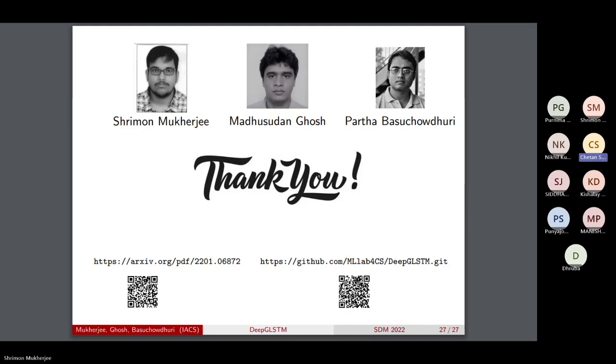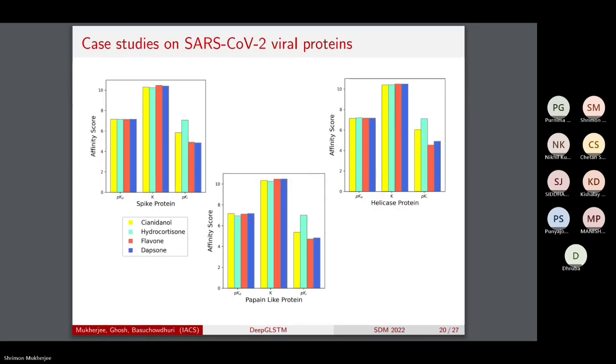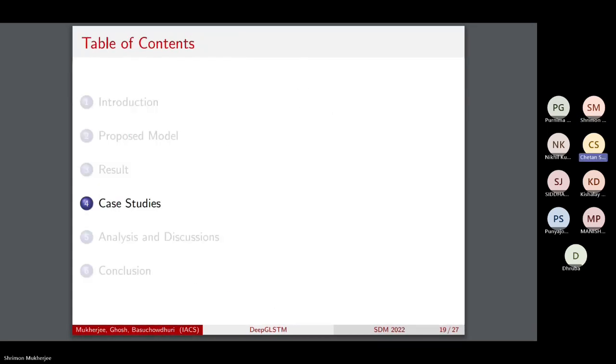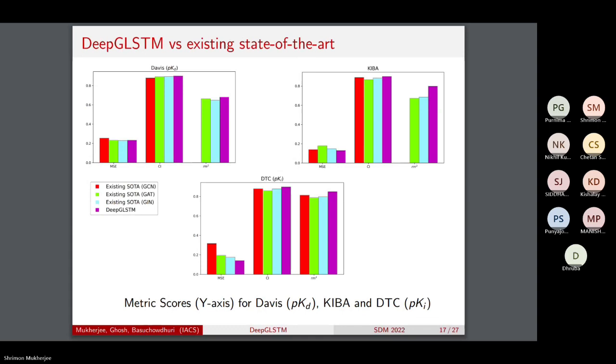Okay, and can you please go back to your result slides? Yeah, this one. The thing is, I'm not from this domain, so I wanted to ask how much improvement you would say is a good improvement.